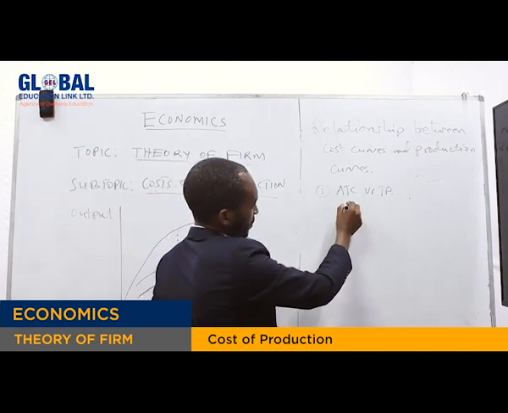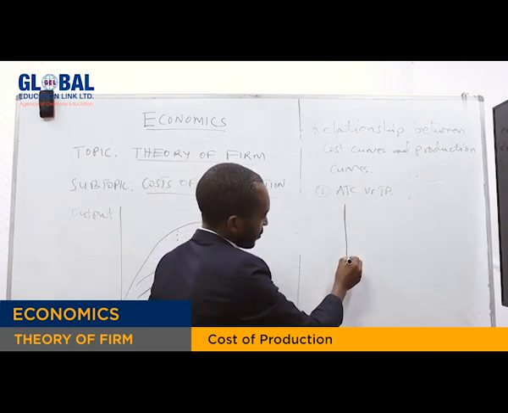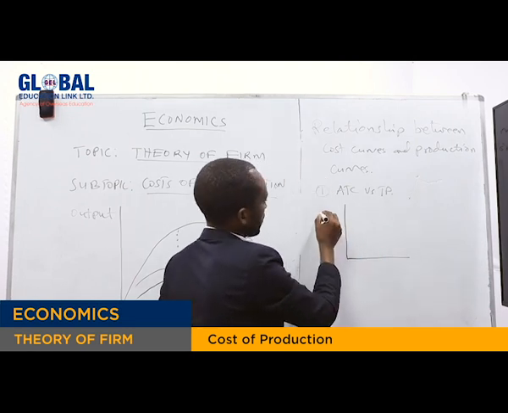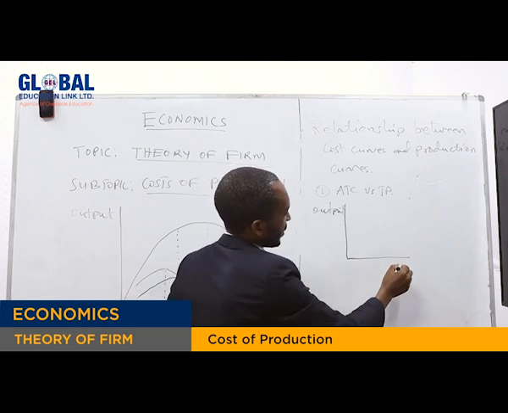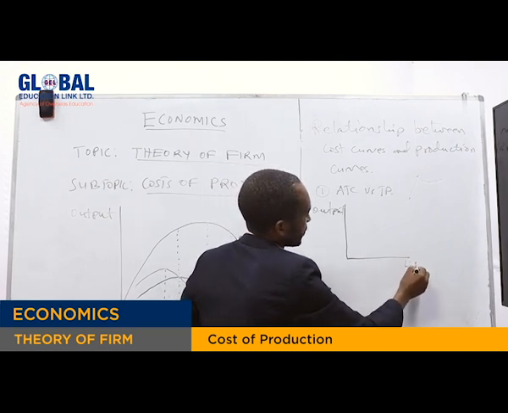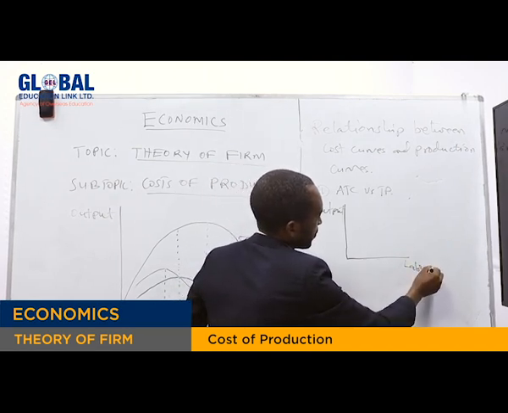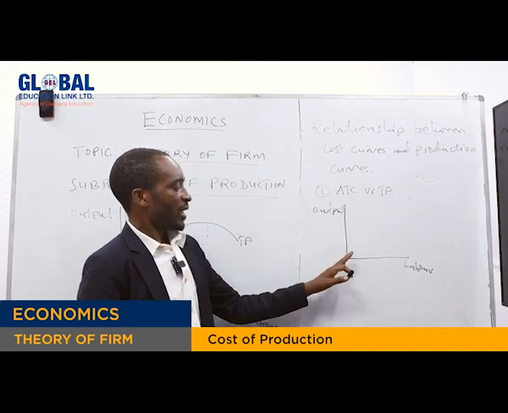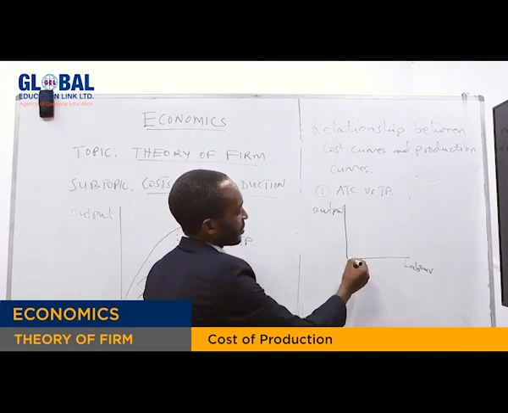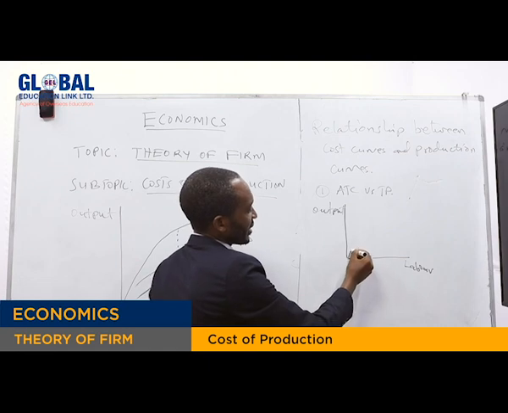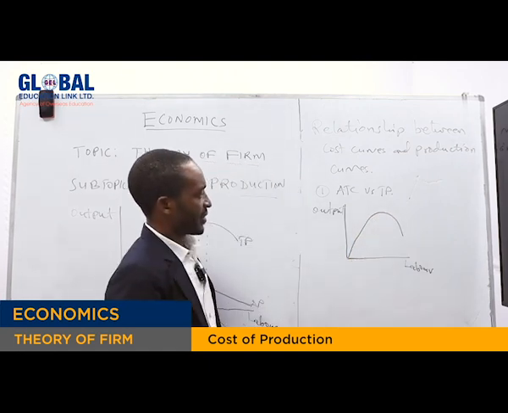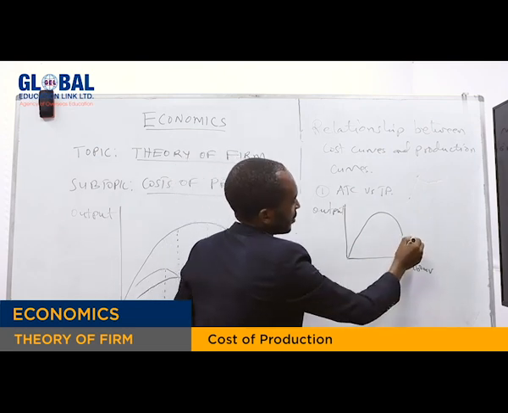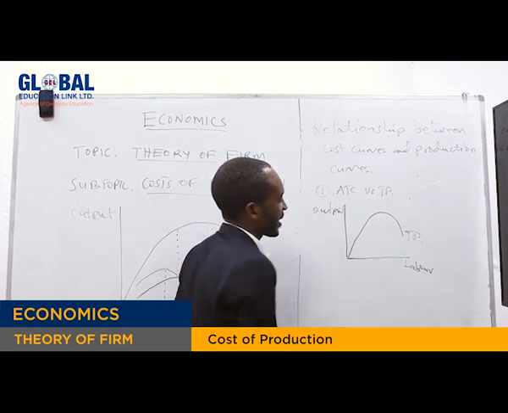So let us start with the total product. Here is output and here is labor. The total product will start to increase, then reach a maximum, then start to diminish. This is the total product.